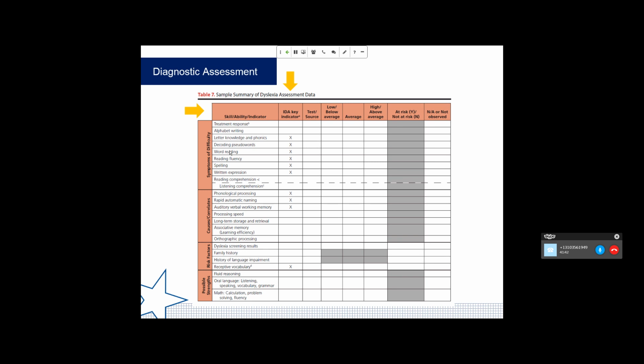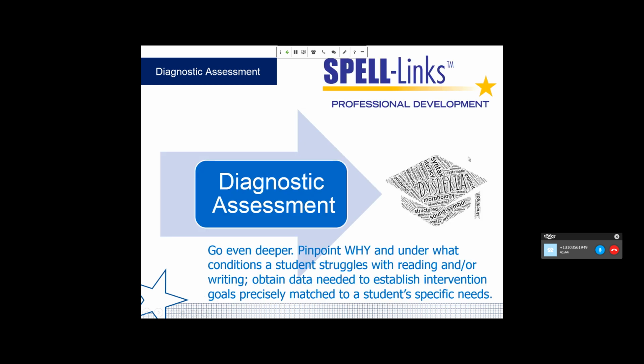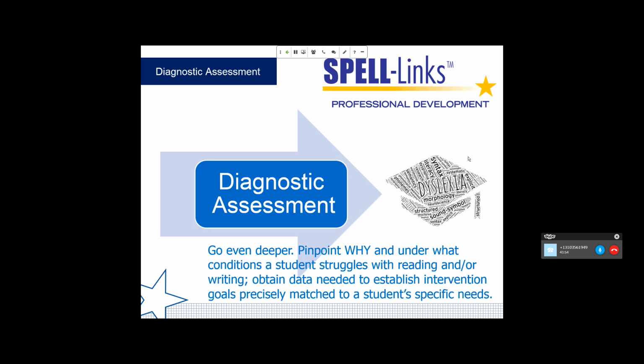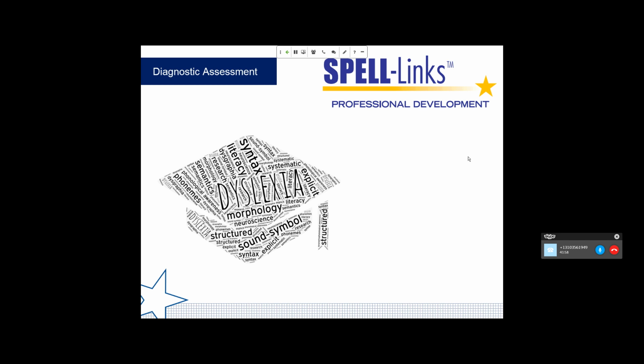And so one tool that you could use to help dig down even deeper in your diagnostic assessment, and again, very critical for these students with dyslexia, is to use a diagnostic assessment that will really dig deep into those linguistic underpinnings.